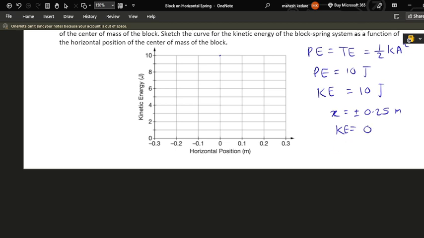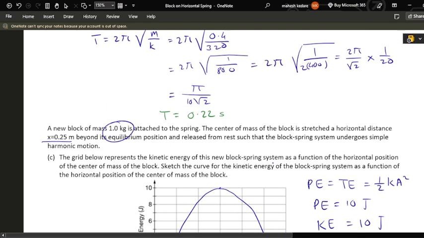So kinetic energy is zero at x equal to plus 0.25 and minus 0.25. So we get the ends of the kinetic energy graph. The ends of the kinetic energy graph will be at plus 0.25 and minus 0.25, where kinetic energy is zero. And now we can draw the parabolic graph, which is the inverted shape of the potential energy. The graph will look like this. This is the kinetic energy versus horizontal position graph for the present case.